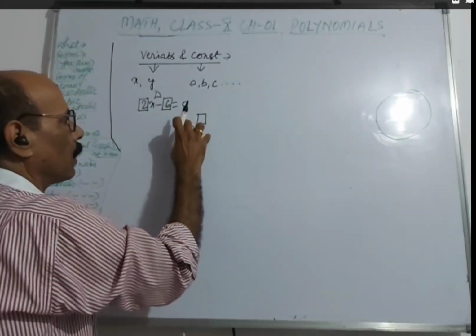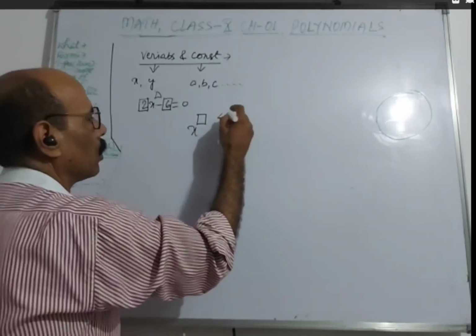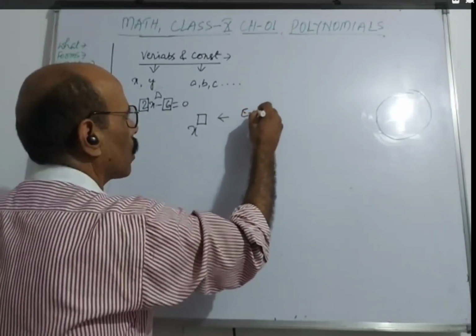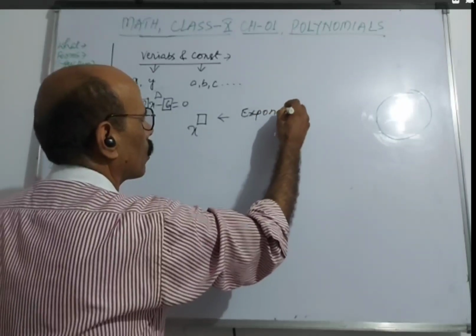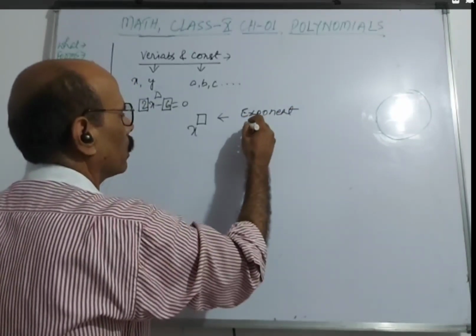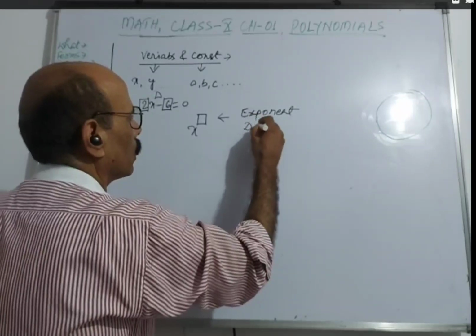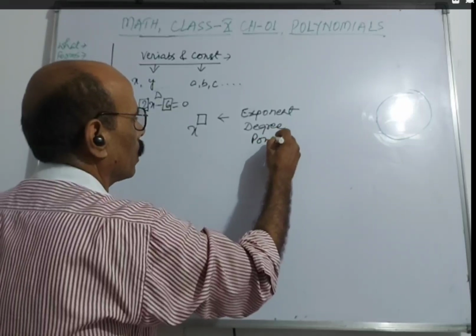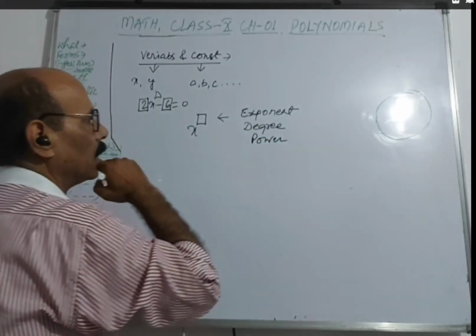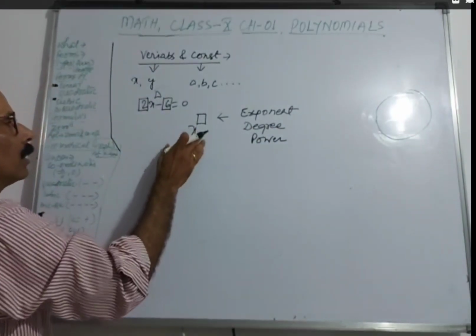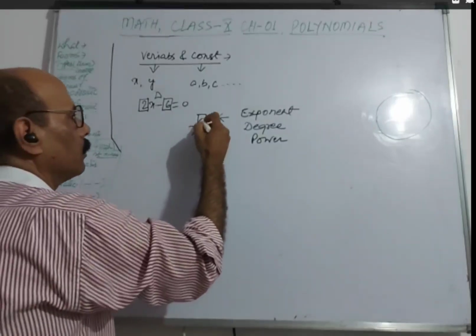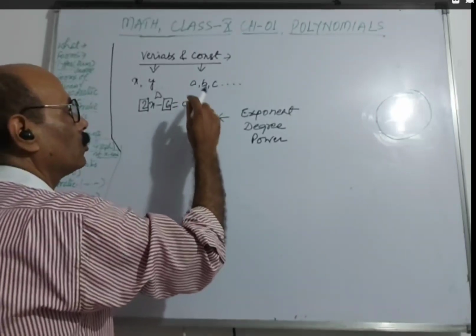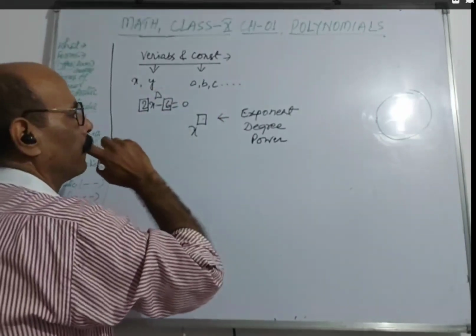Whatever power x has is called exponent, degree, and also power. If the variable has some degree, some exponent or power, this power has to be a whole number.